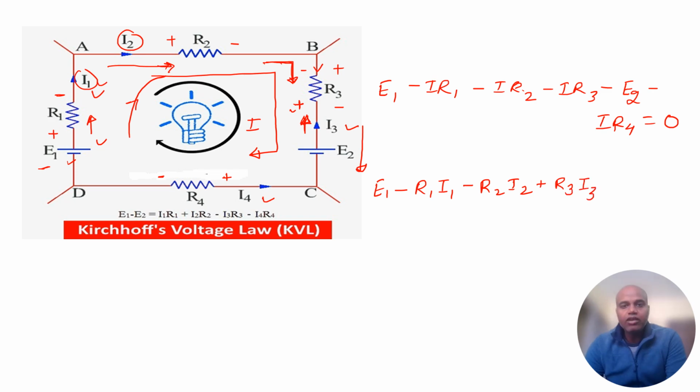Again for E2, going from higher to lower, this becomes minus E2. Lastly, I'm going opposite to I4, so in a similar fashion the voltage drop across R4 will be positive, I4 into R4, and the total equals 0.